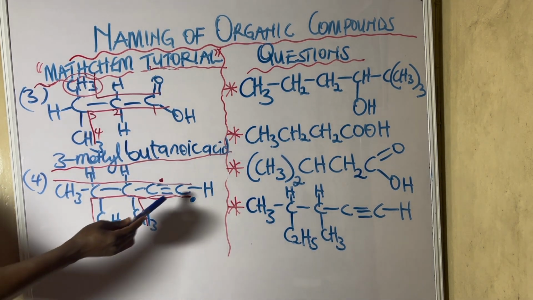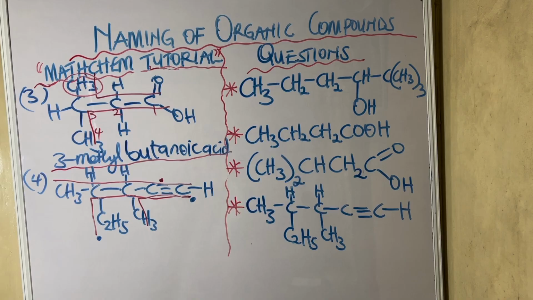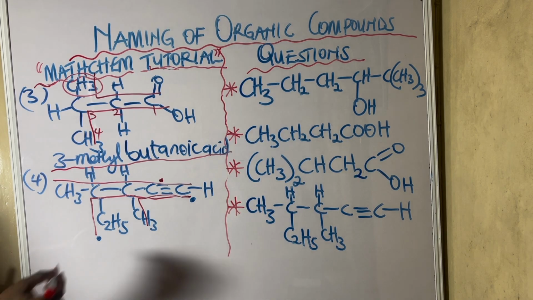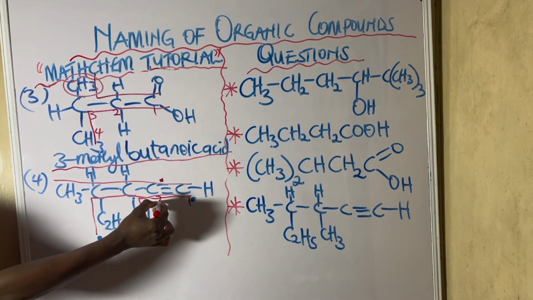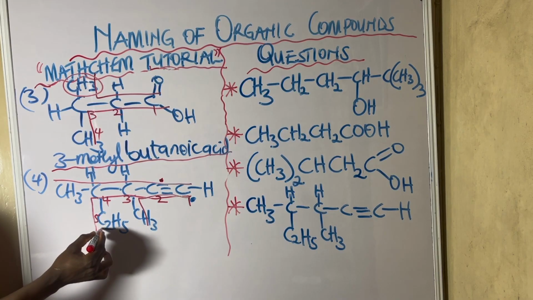Counting it again, that makes it 1, 2, 3, 4, 5, 6. That is 6. And if I want to number this, I will number starting from the carbon atom attached to the functional group. So my numbering is going to be 1, 2, 3, 4, 5, 6.